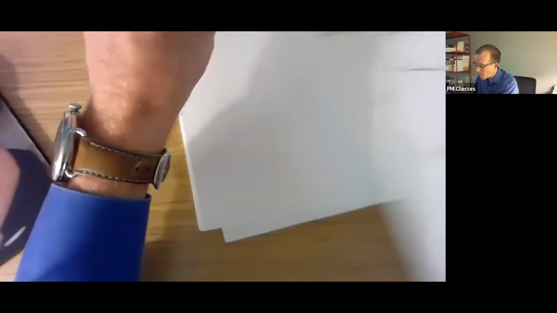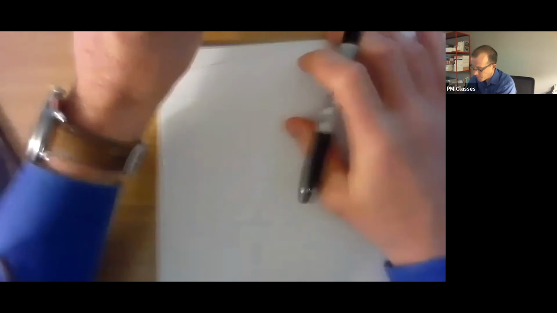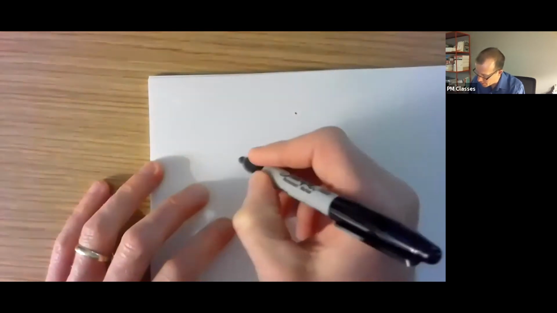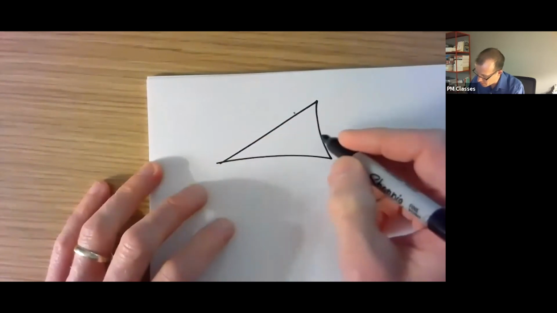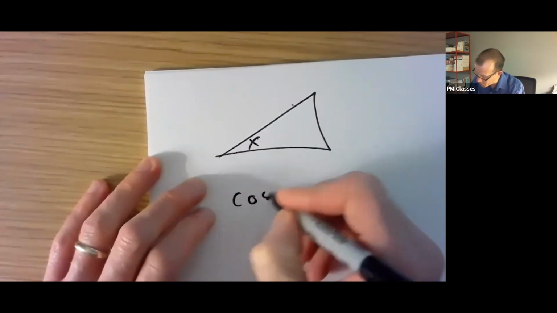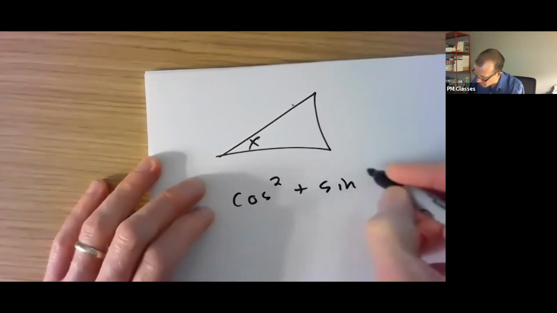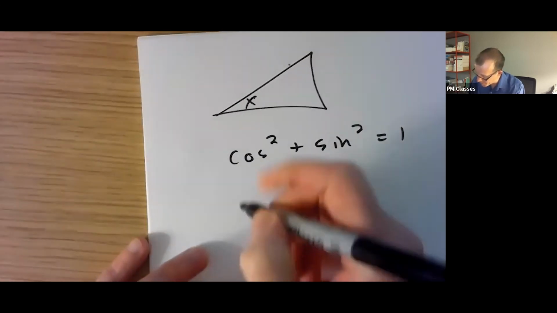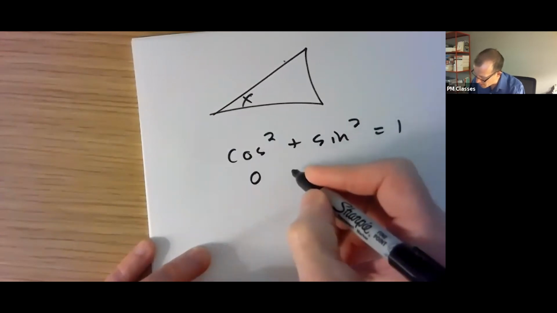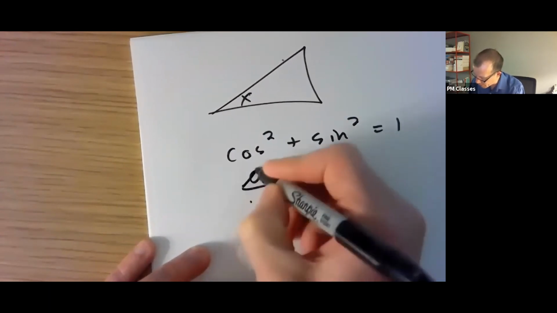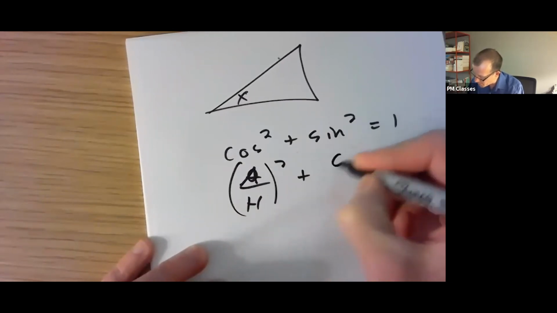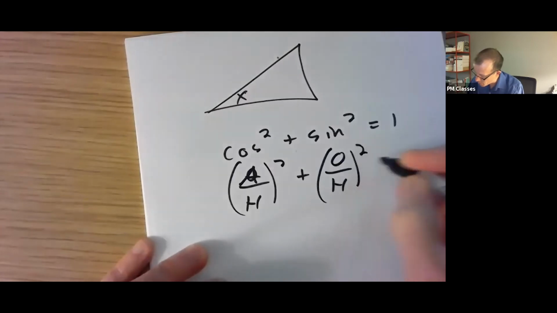Or find it in one other direction. If you took cosine squared plus sine squared and said that equals 1, that would be A over H squared plus O over H squared.